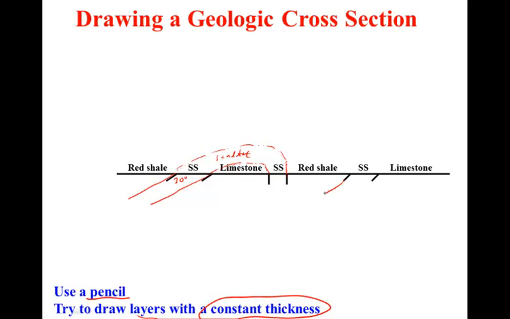I want to do the same thing over here. Drawing my sandstone at a constant thickness, showing a change from 85 degrees to the east to 40 degrees to the west.